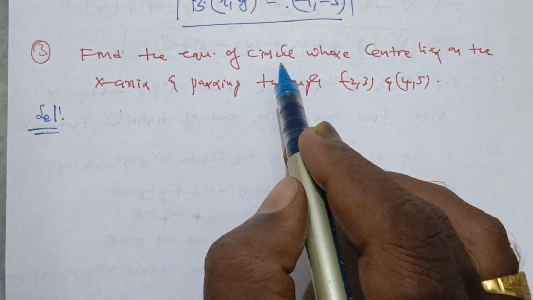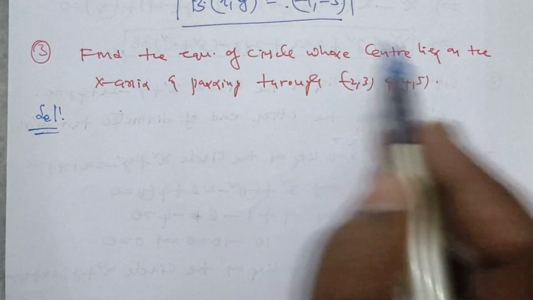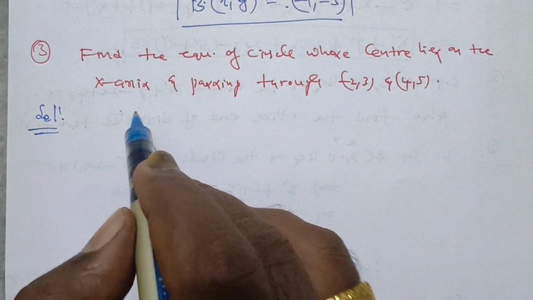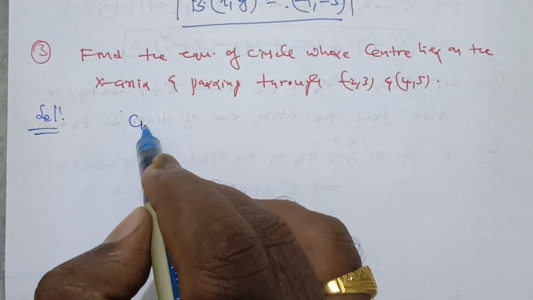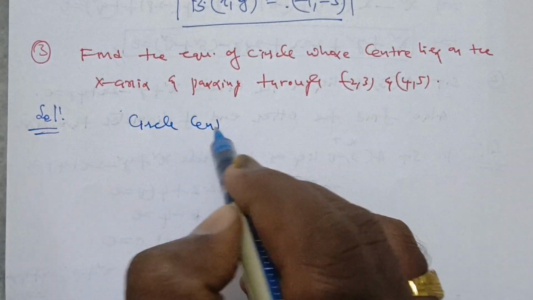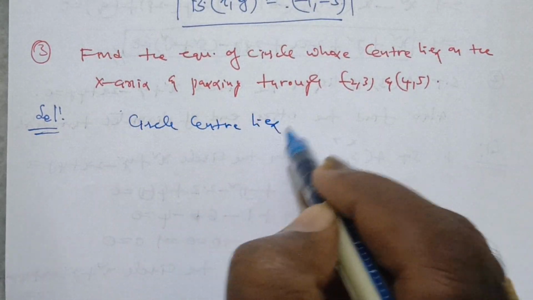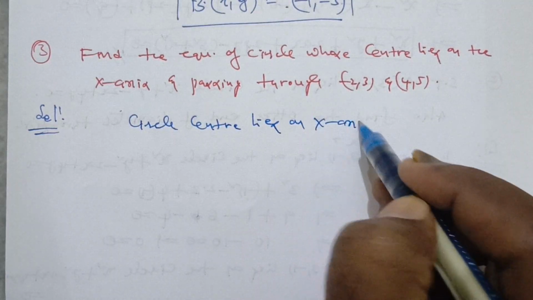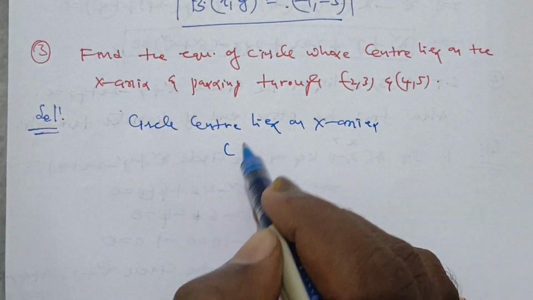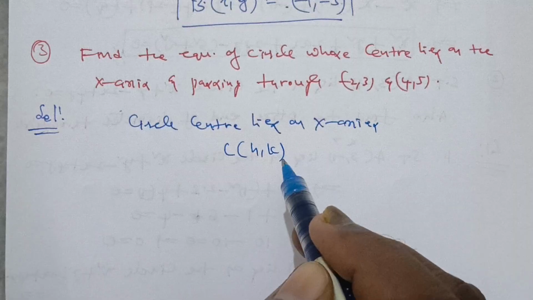So the circle's center lies on the x-axis means, suppose we assume the center C is h comma k.